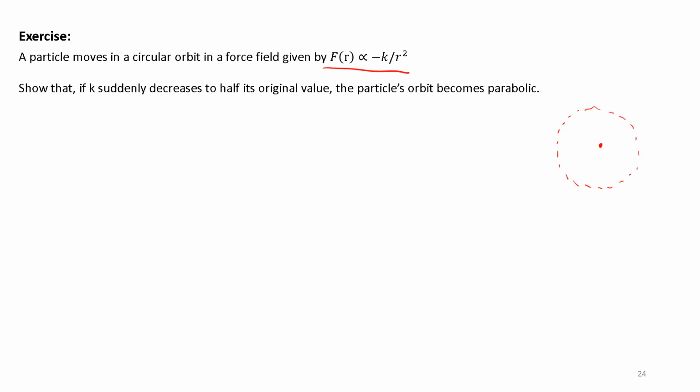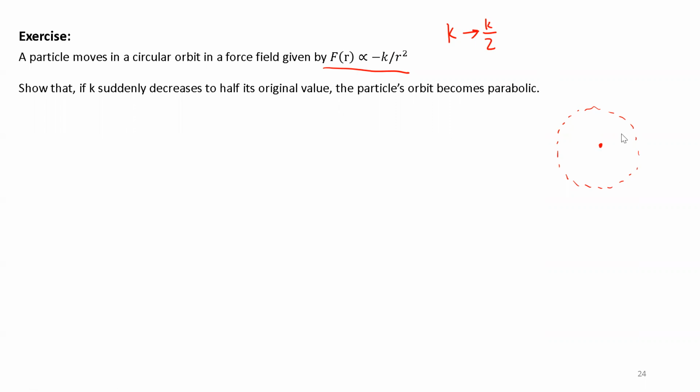And now, suddenly, this constant k decreases to half its original value. This is not a very physical situation, but just imagine that at a particular time, k suddenly becomes k divided by 2. So that means the force suddenly becomes weaker.